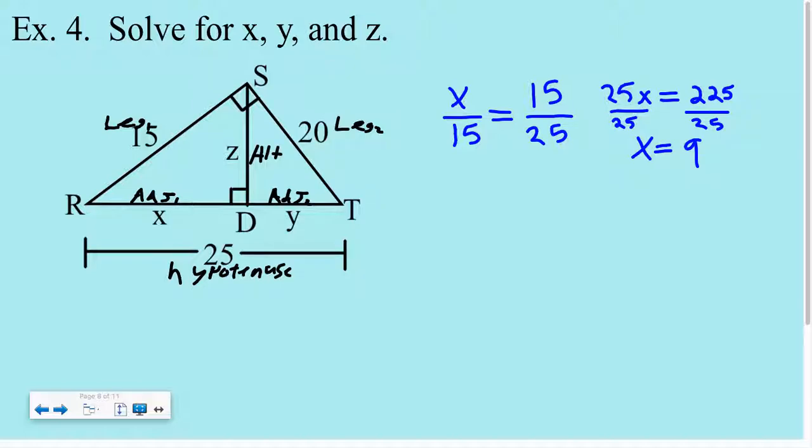Bryce, would you agree with our x value? Yeah. Job Lex.